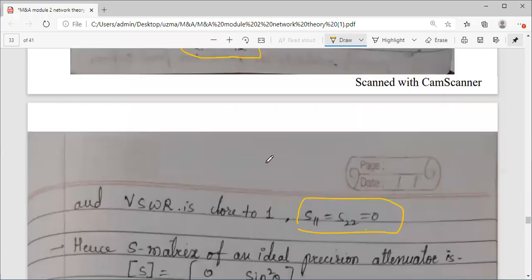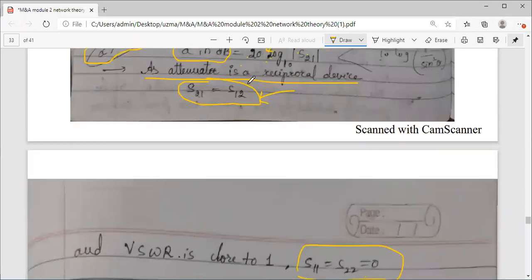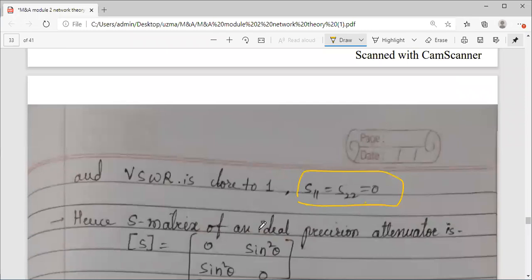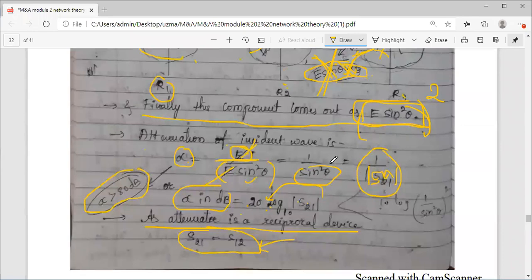So substituting all these, S11 and S22 are both 0, and S12 and S21 are both equal to sin square theta. Just now we found E sin square theta, E will be gone, so we get sin square theta.